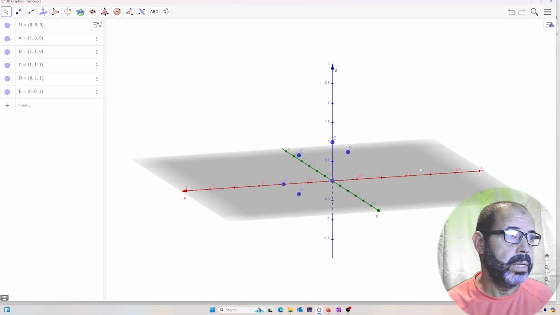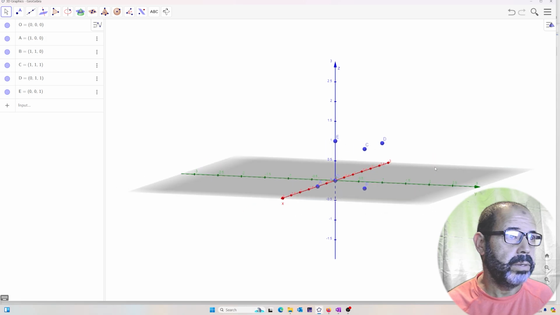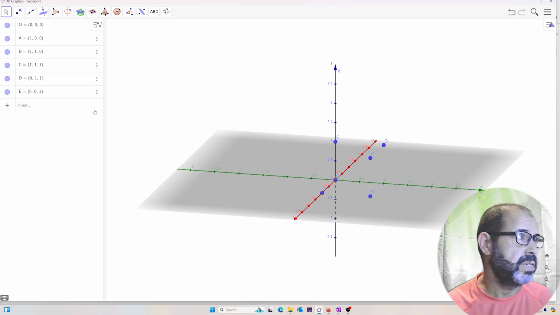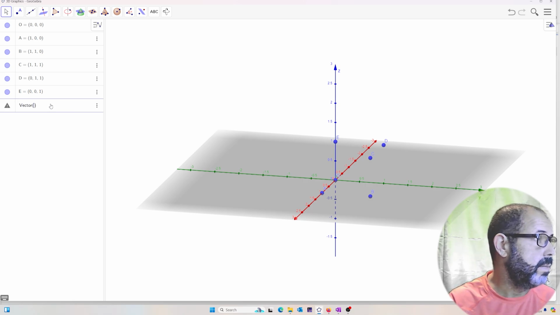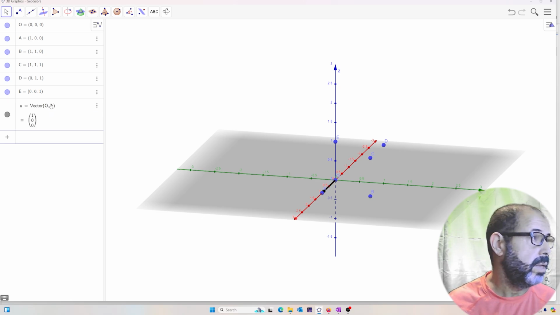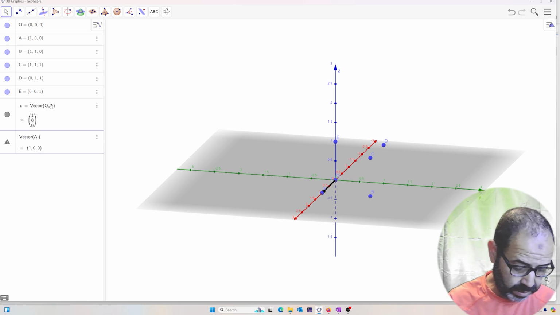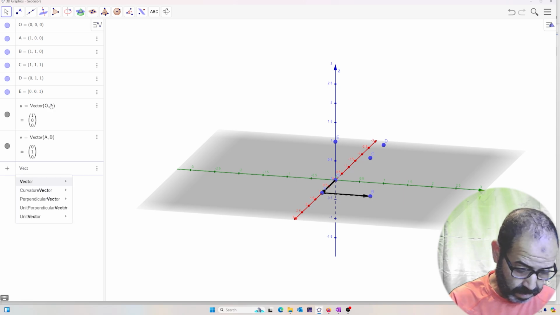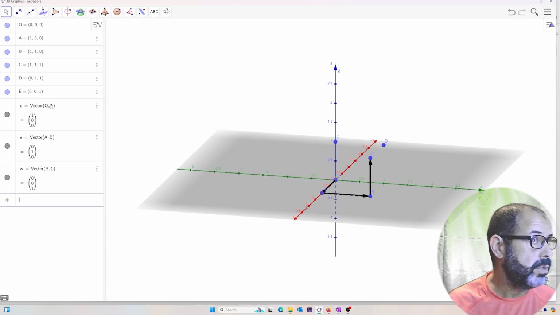Okay, good. So now it looks like these are the points. Let me draw the vectors quickly. The vector from the origin to A, that's this vector. The vector from A to B, that's the second vector. The vector from B to C, that's the third vector.